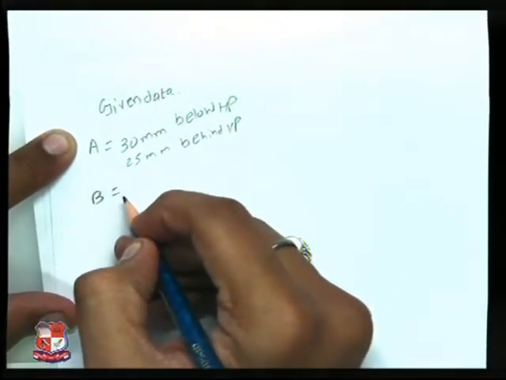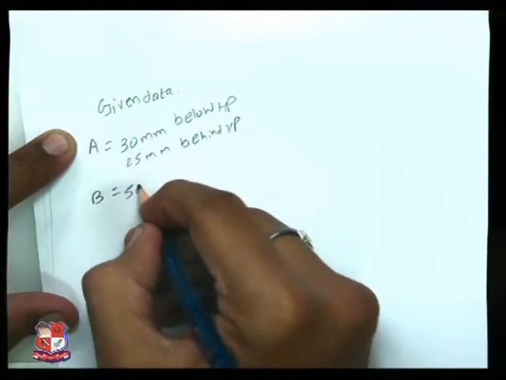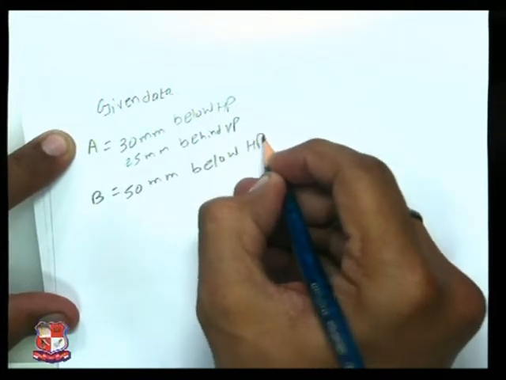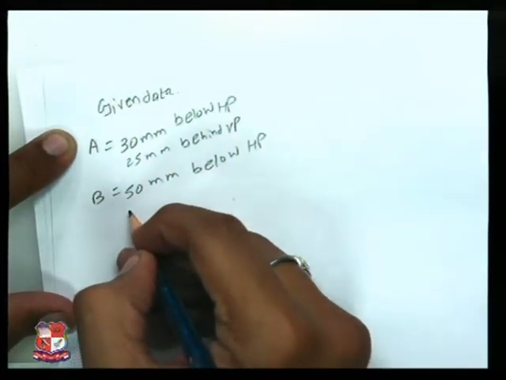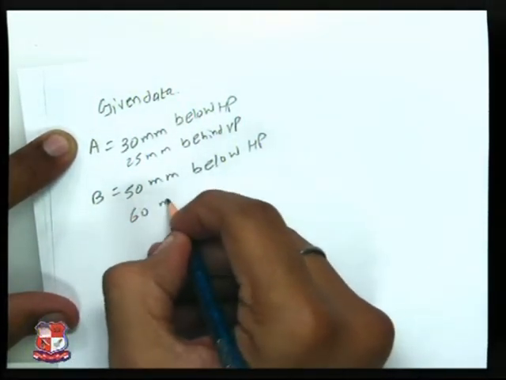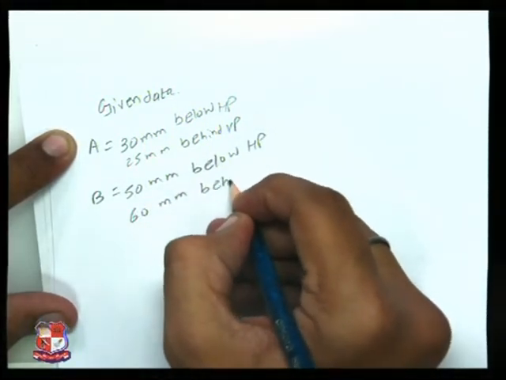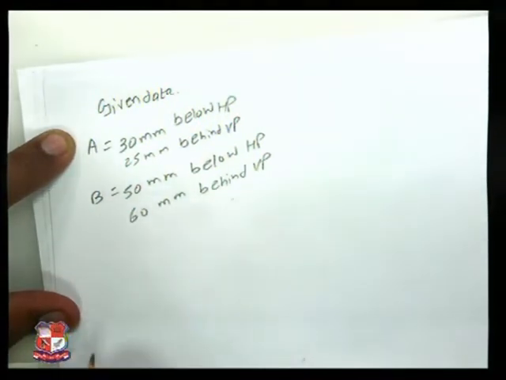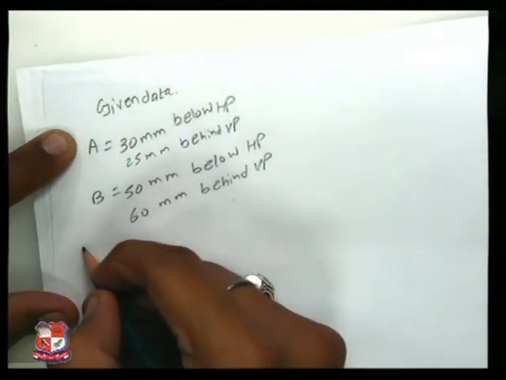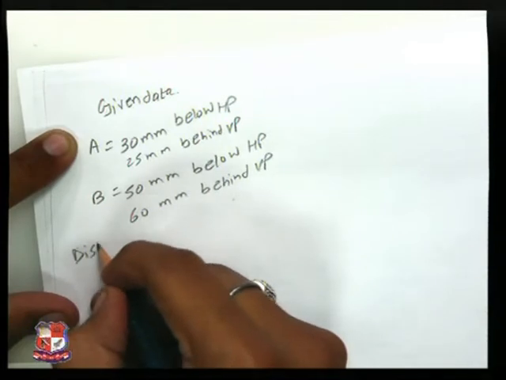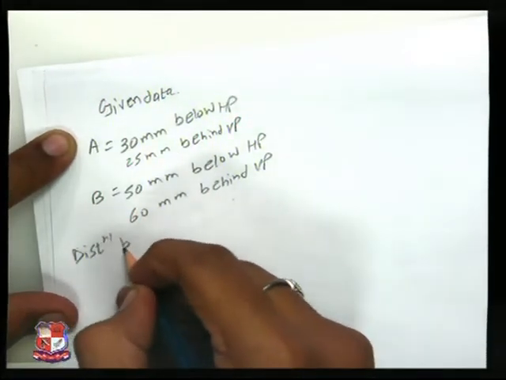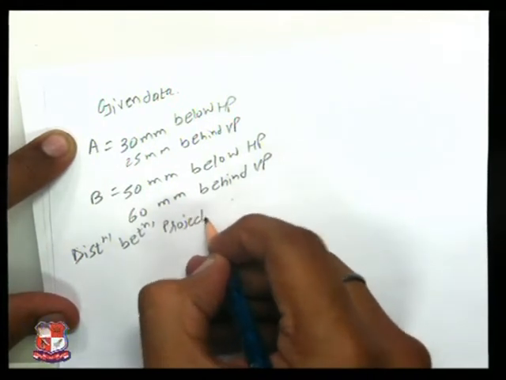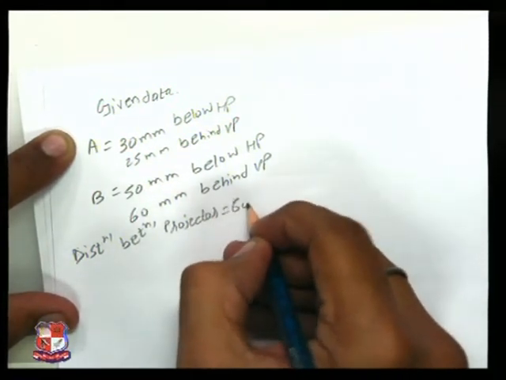B is given as 50 mm below HP and 60 mm behind VP. Distance between projector is 60 mm.